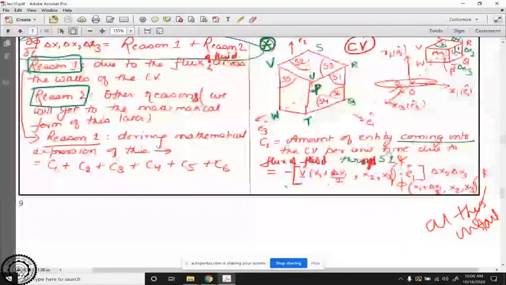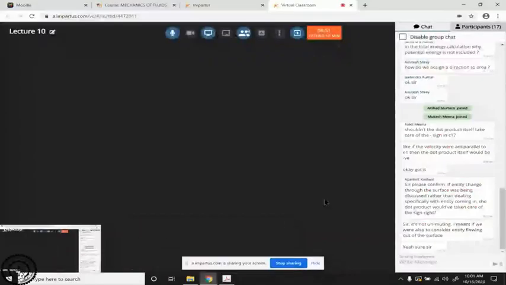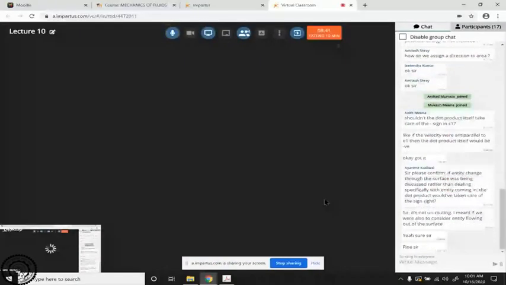I'm showing on the slide: if I change the underlined statement from coming into the control volume to entity flowing out of the control volume, I would not have put a negative sign here. So Parimat, are we good? Yes, okay.